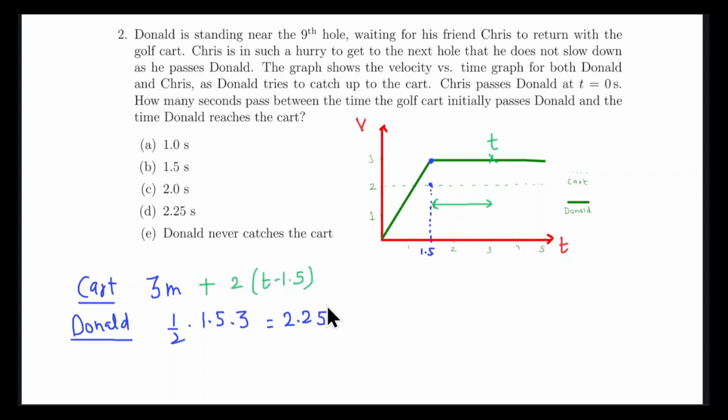And over here for Donald, after 1.5, the approach is pretty straightforward, because this also becomes a rectangle as area under the curve. So for this t, the height is 3, so the area for Donald will be 3 units multiplied by the time, which is t minus 1.5.